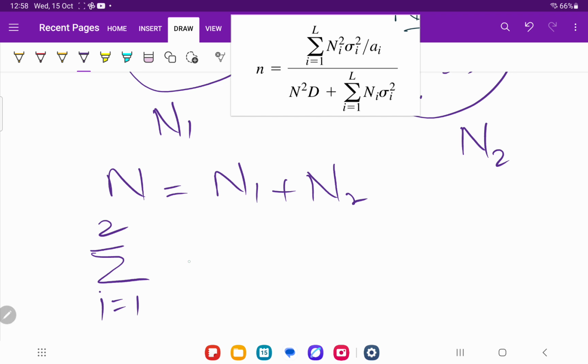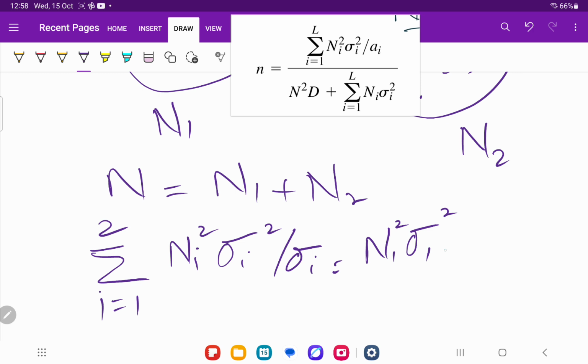So you will expand these terms equal to n1 square sigma 1 square over a1 plus, because this is a summation, n2 square sigma 2 square divided by a2.